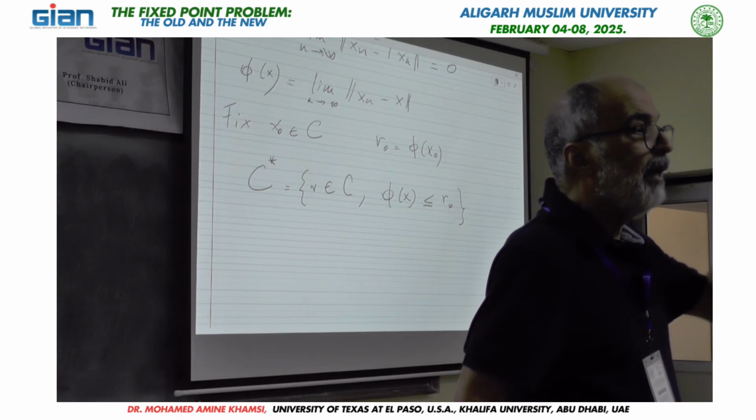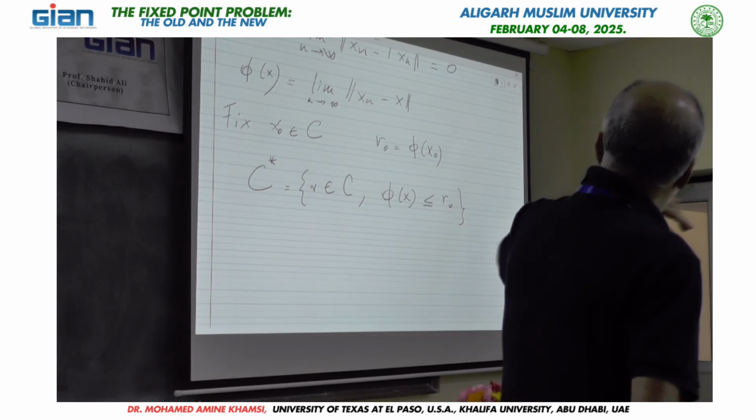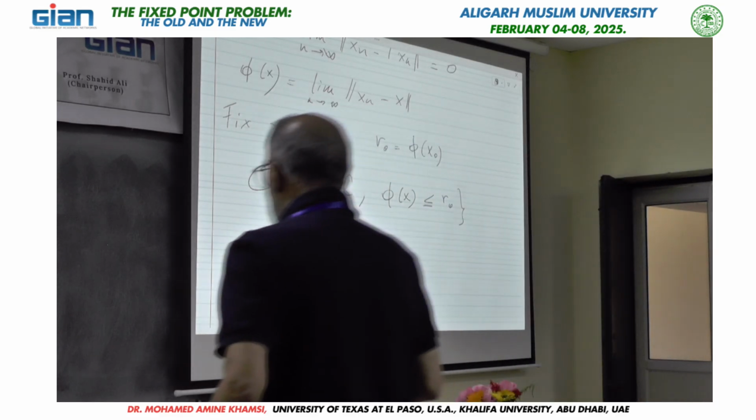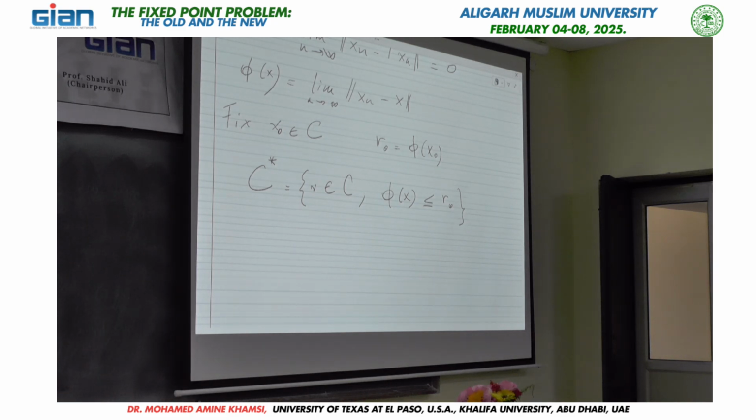Because phi of x is less or equal, let's do it. What is phi of x? It is the limit of the norm of xn minus x, sorry, xn minus T of x, equal to the limit, because it's an approximate fixed point sequence.